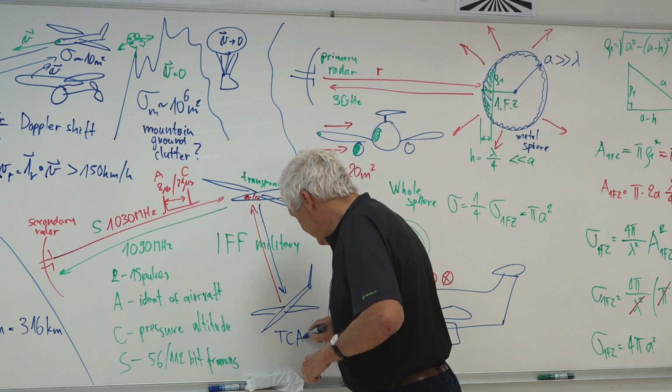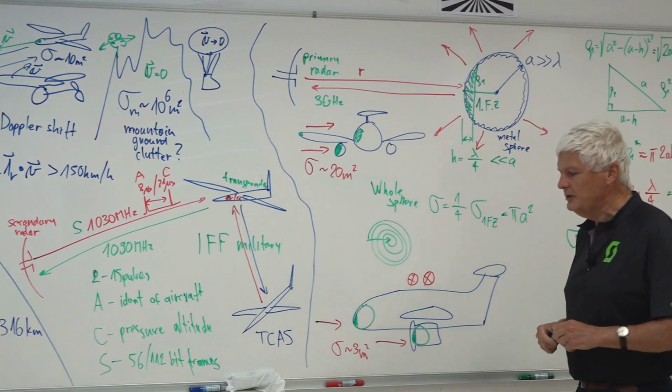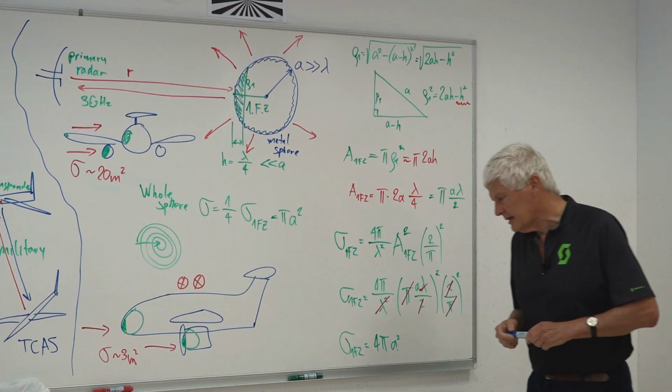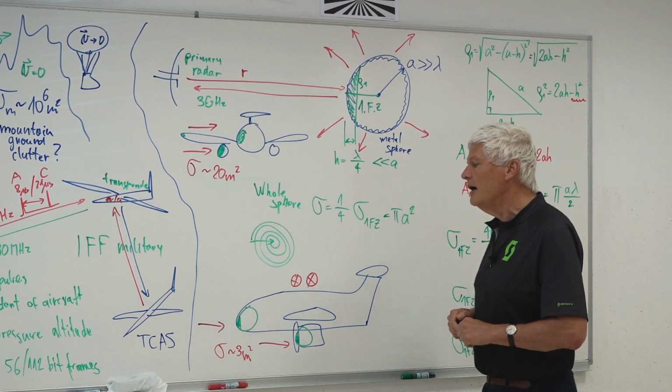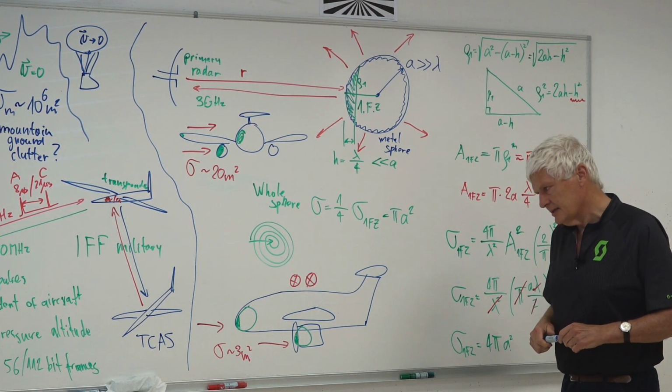Traffic Collision Alert System. So TCAS: all civilian passenger aircraft in Europe above a certain size, not the small ones you get at small airfields, have to be equipped with TCAS.